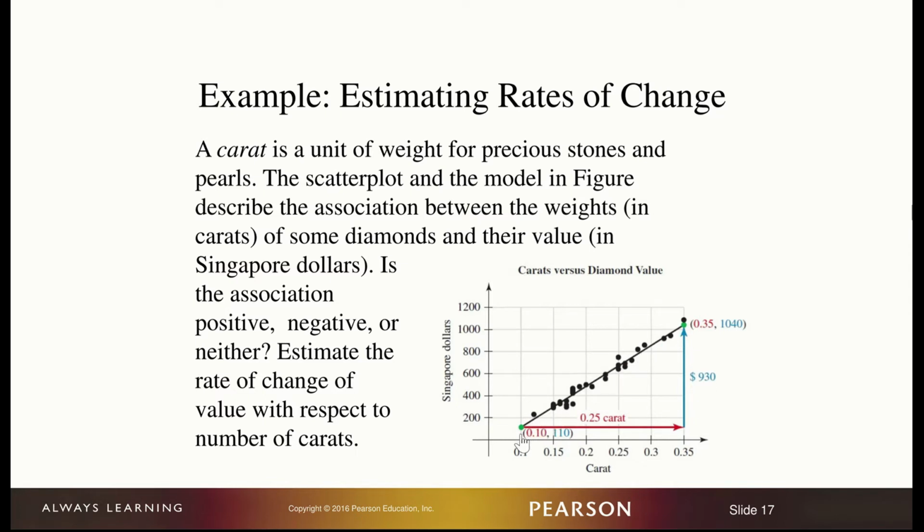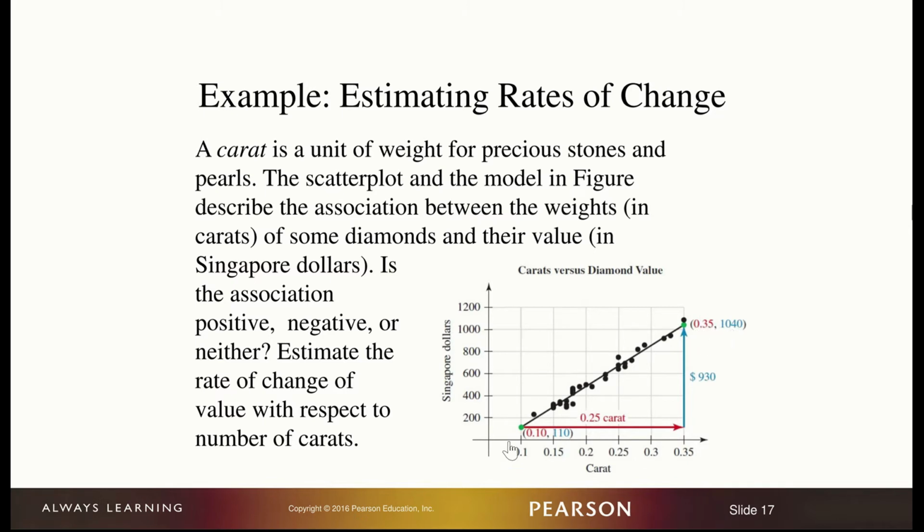And notice that the line would go through these 2 points, (0.1, 110). So basically a diamond weighing 0.1 carats being priced at 110 Singapore dollars, and (0.35, 1040). So a diamond weighing 0.35 carats being priced at 1,040 Singapore dollars.